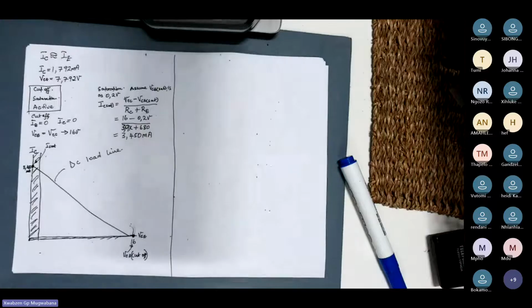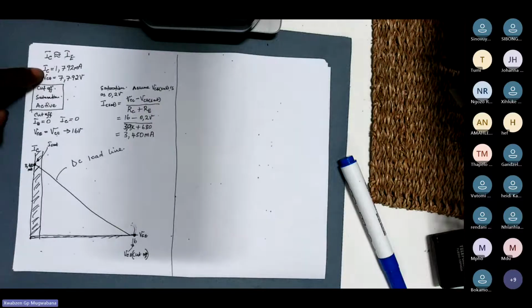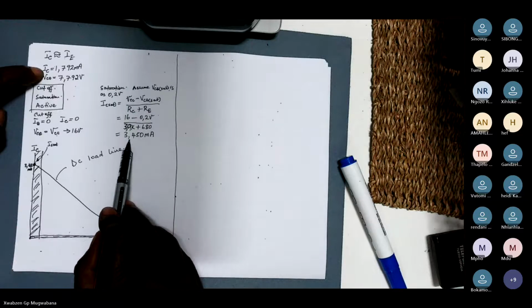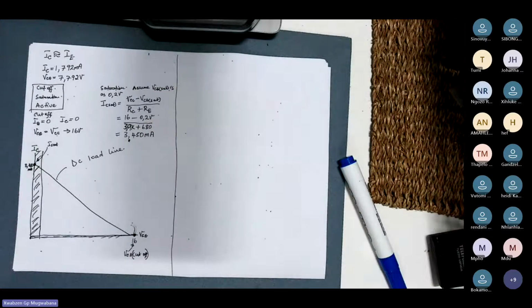Now, from there, we go and see: is IC greater than I saturation? No. It is not greater than I saturation, which means your transistor is not at saturation. Can you see?